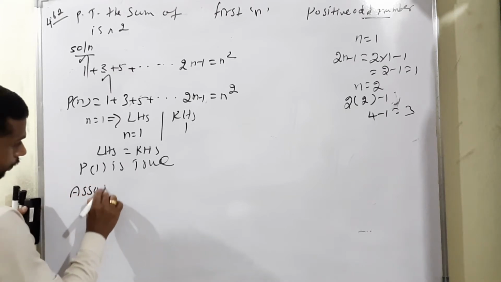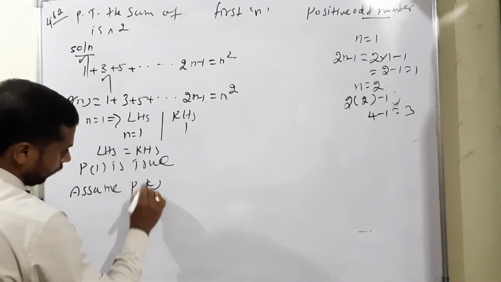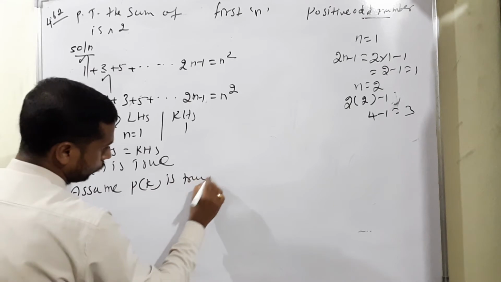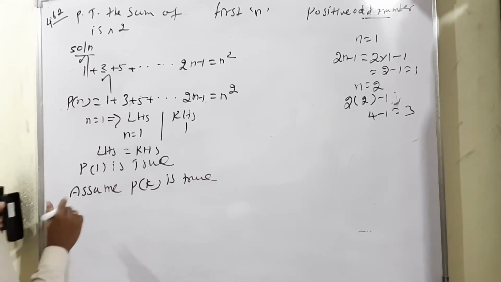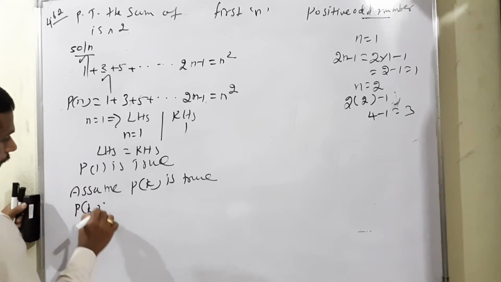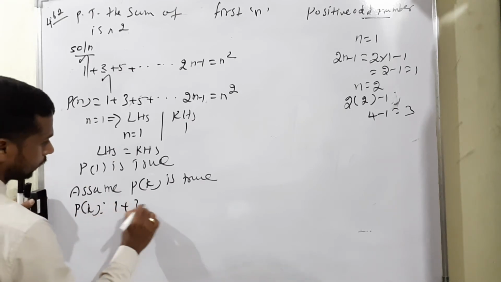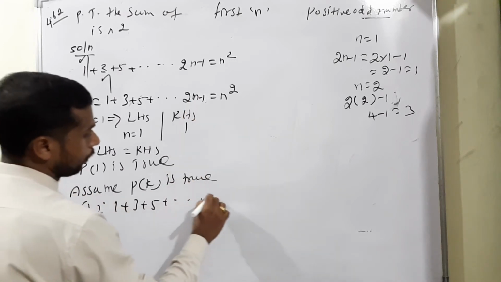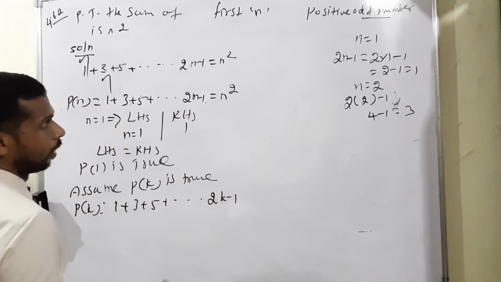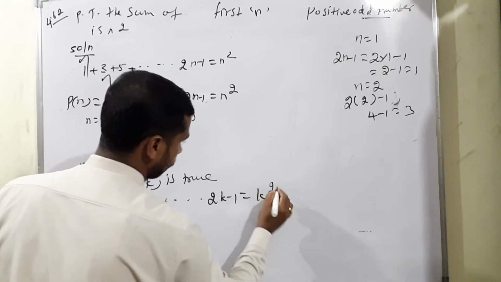Assume P of k is true. Assume P of k is true means instead of n we have to write k. What will happen? P of k: 1 plus 3 plus 5 plus dot dot dot 2k minus 1 is equal to k square.